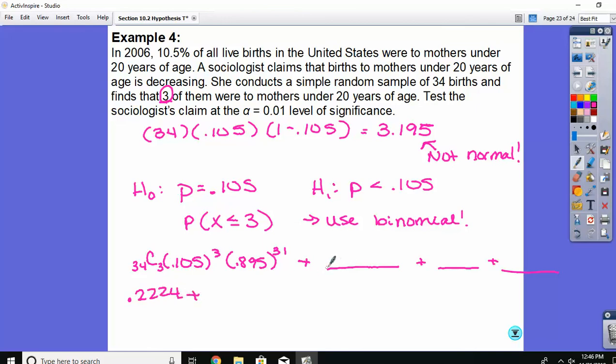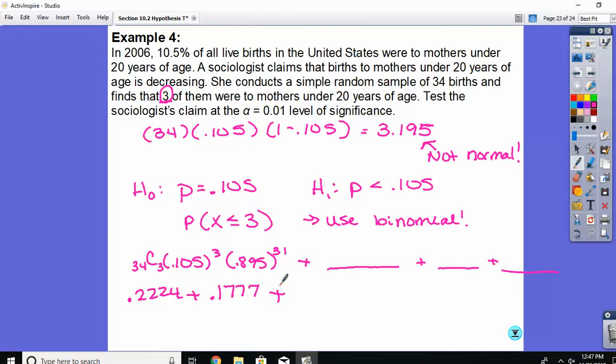And then for the 2, you can just hit second enter. You're going to change your 3 to a 2. So it'd be 0.105 squared, and now it'd be 0.895 to the 32nd. Yeah, you have to change everything this time. I forgot to do that. You have to change all the powers.